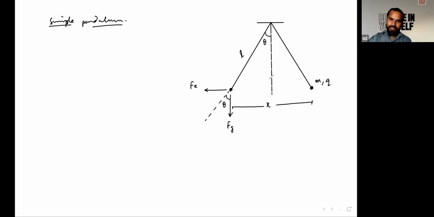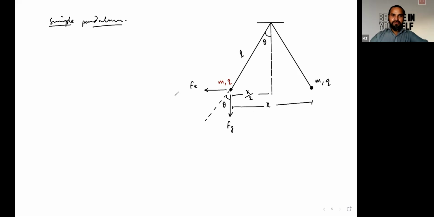This vertical line will divide this distance into two parts, so it will become x by 2. Is it clear? The electrical force is produced by the charge present on this bob and this bob, each carrying equal charge and having equal mass. So there would be a repulsive force.